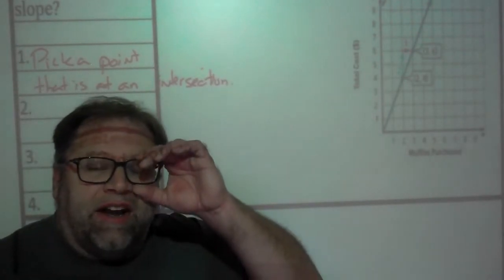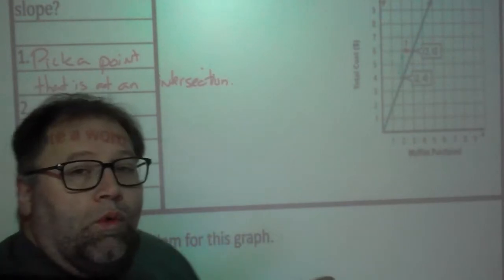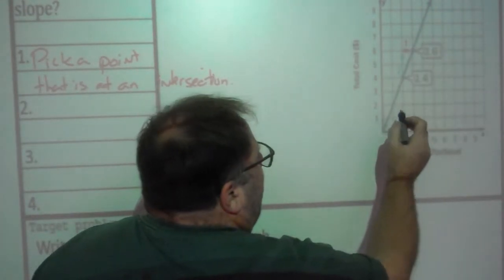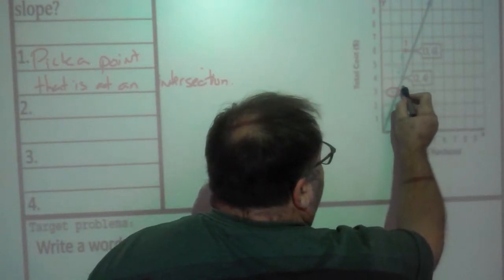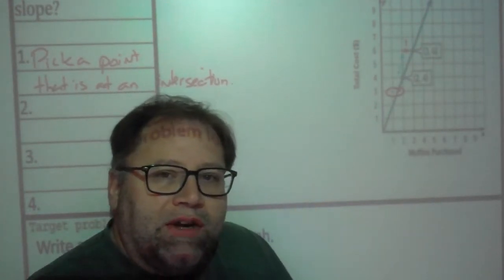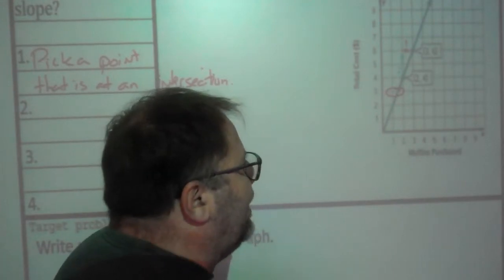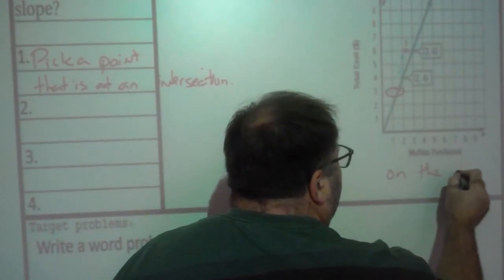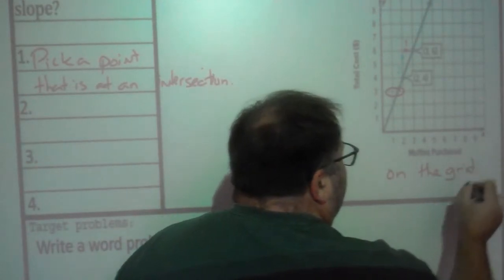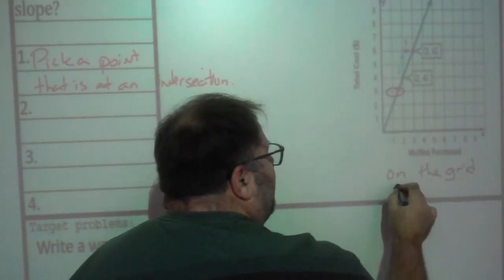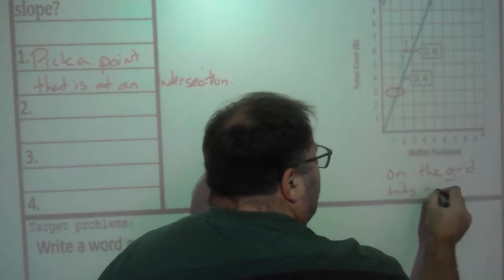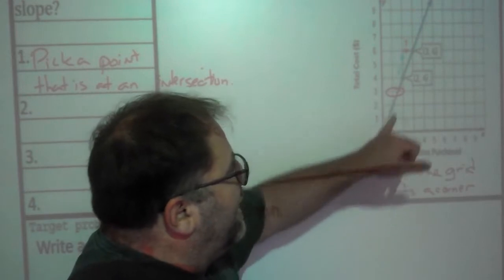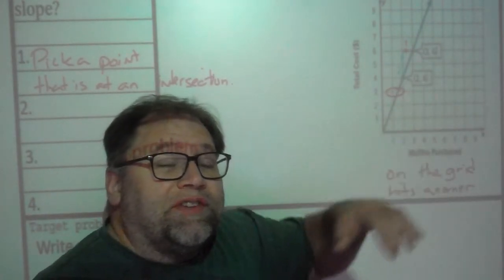When I say at an intersection, what I mean is, if you look at the line that I have here, I would not pick this point because there's no intersection there. What I'm looking for is on my grid, a spot where my line hits a corner. And that's usually where we can put an ordered pair because that's really easy.